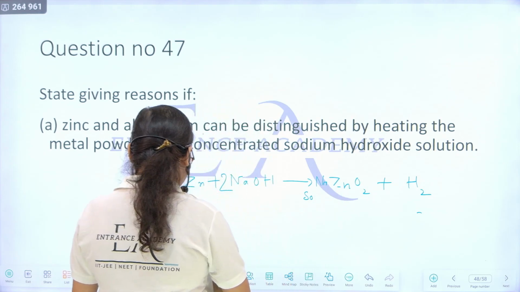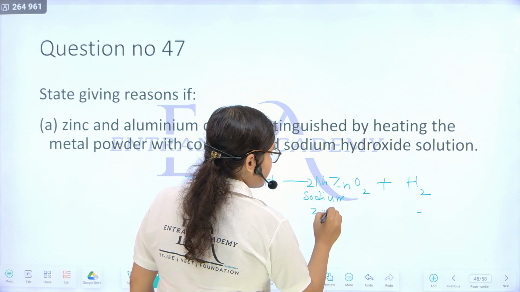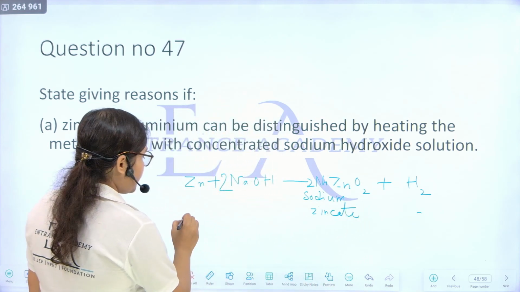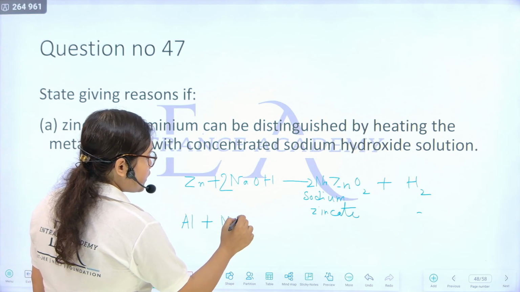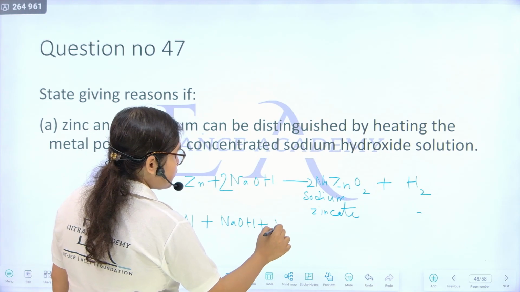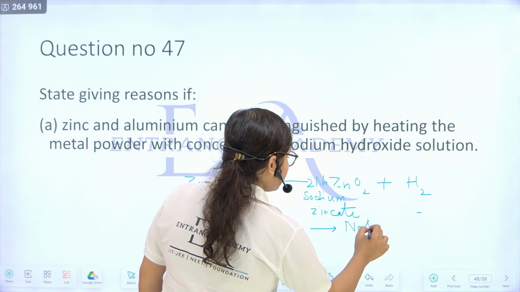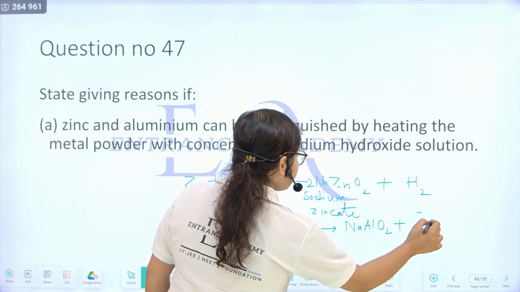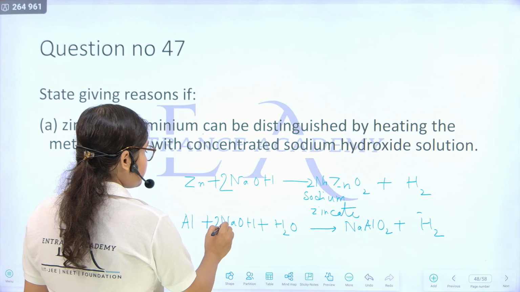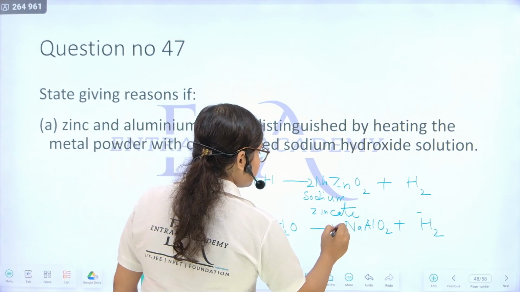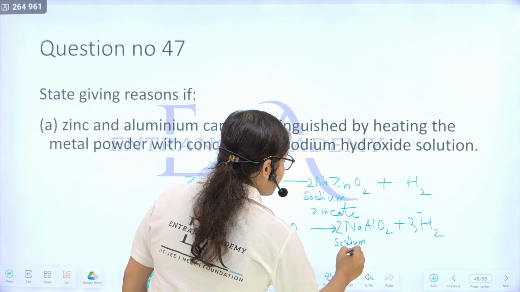This is sodium zincate, and aluminium reacts with sodium hydroxide to give sodium aluminate.